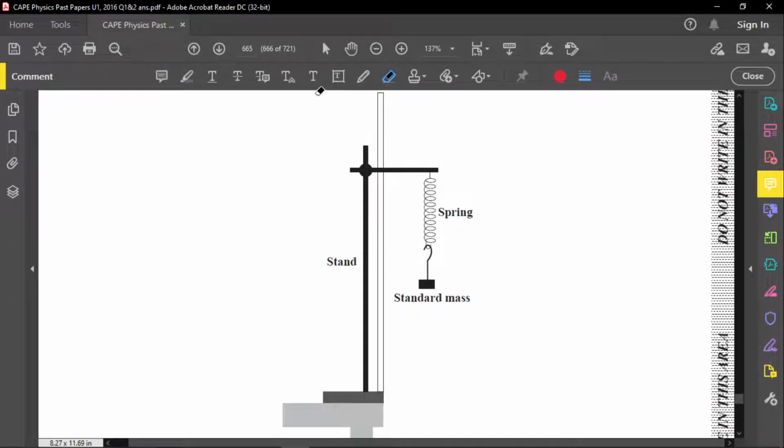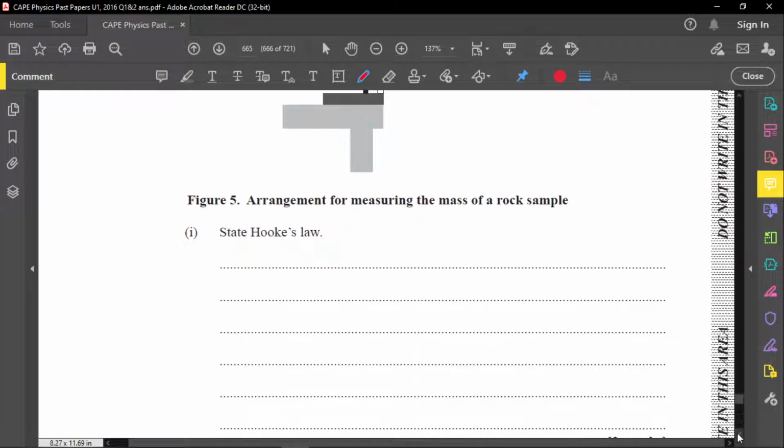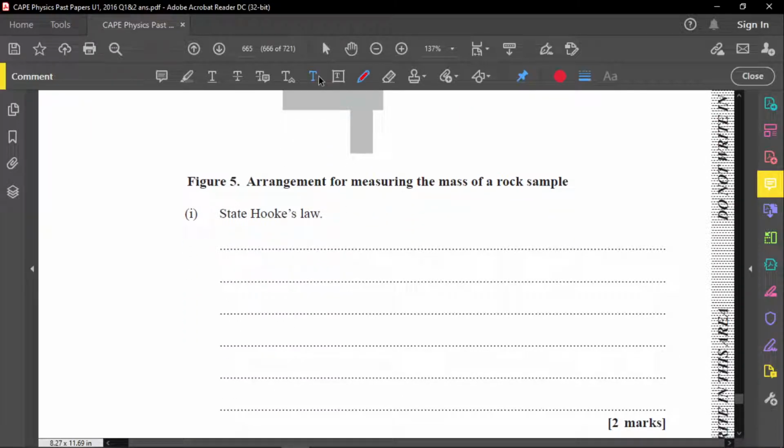And so here we have a spring, which is a steel spring, standard mass, and a stand to hold the spring. Now let's go into the first part of the question. The first part of the question asks us to state Hooke's law.